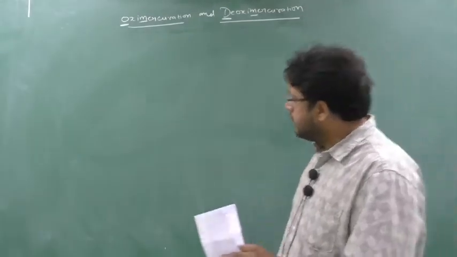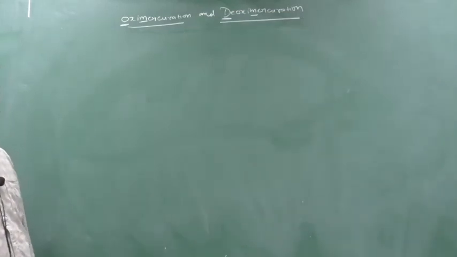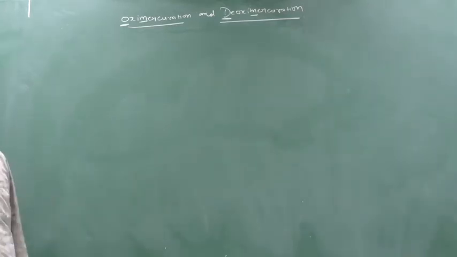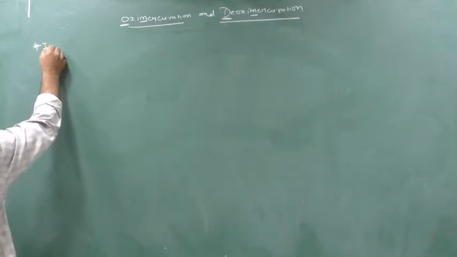Clear? Now, before starting this method, I would like to give you certain key points, important points, so that by understanding those important points you can easily solve the preparation of an alcohol from alkene. So I can write down the heading, important points.